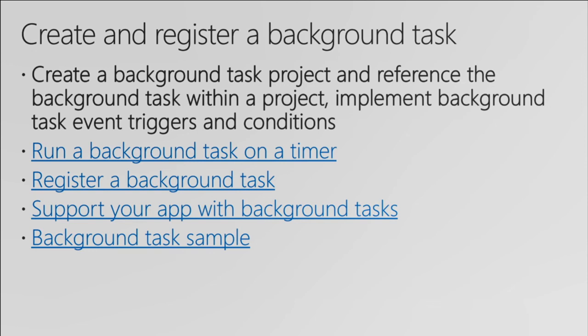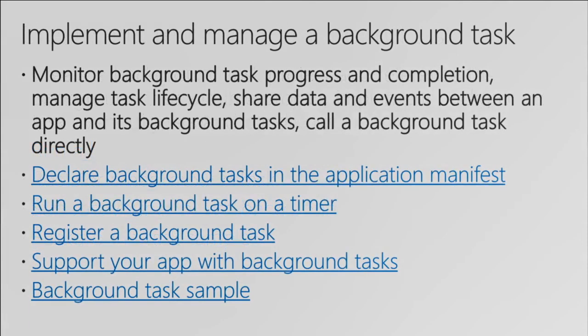And this is stuff we've been doing on the web for a while. So a lot of the stuff that's great about the web, we can implement here using the same patterns and strategies. Really, you can monitor the progress of a background task. There's a life cycle for them. You can have eventing. So if you want the background task to raise an event on your actual application, you can do so, and vice versa. And you can actually call into a background task directly.